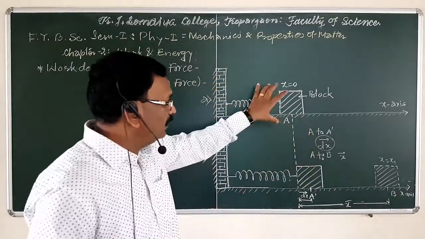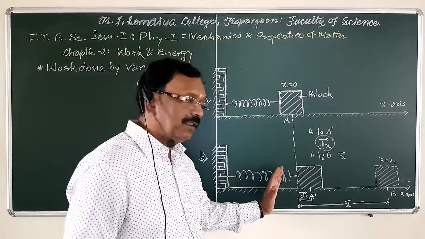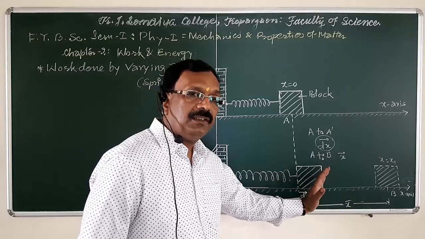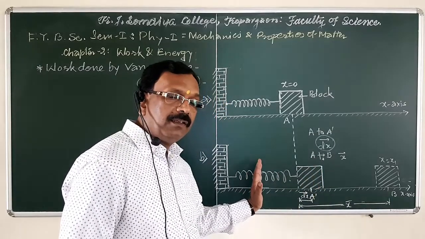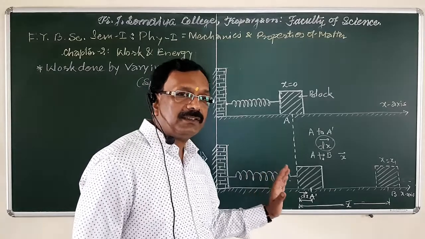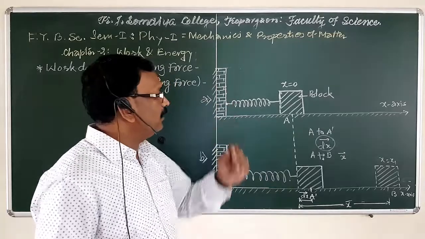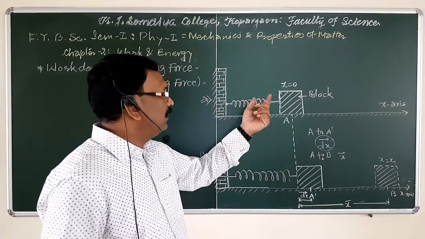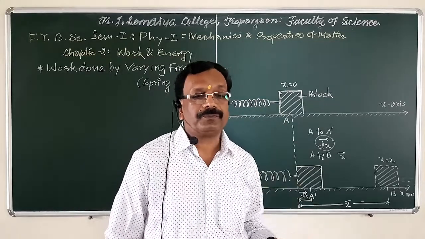In the first figure, the body is at rest condition, and in the second figure B, the body is stretched. And when the body is released, then it again moves back and it contracts. So contraction and elongation takes place in figure B, whereas the body remains stationary, in its initial position, in figure A.